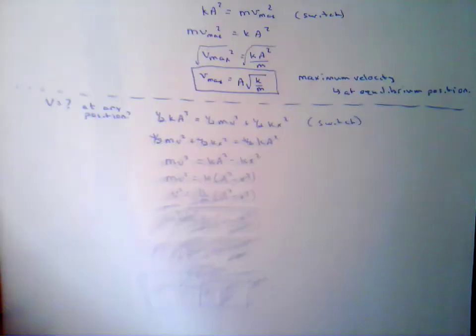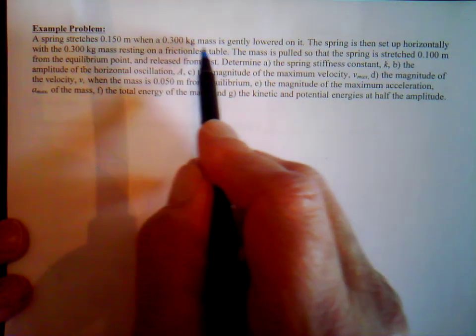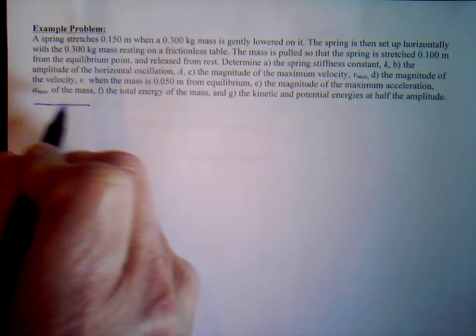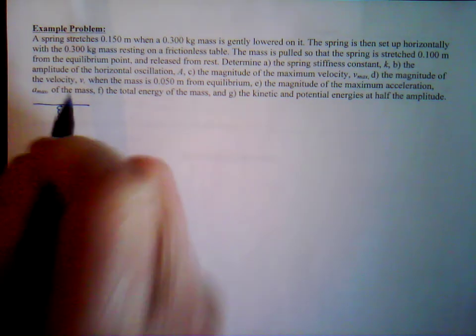All right, so let's see how this can be used. Let's look at this example problem. A spring stretches 0.15 meters when a 0.3 kilogram mass is gently lowered on it. And so that means the spring is initially set up like this. This is the spring, and we have its equilibrium position.